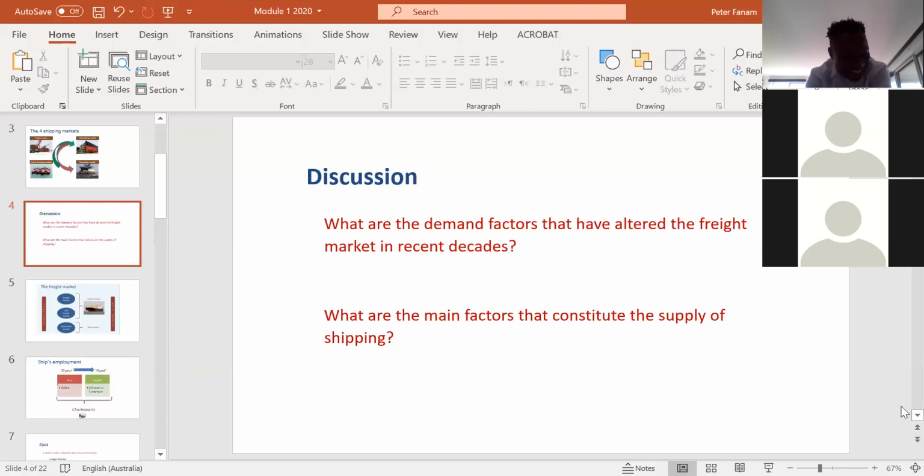So, what affects the supply side of shipping? I would say the world merchant fleet, so the number of ships in the fleet in the world, and fleet productivity. The ton miles, and the world economy as well, GDP, and the commodity trades.